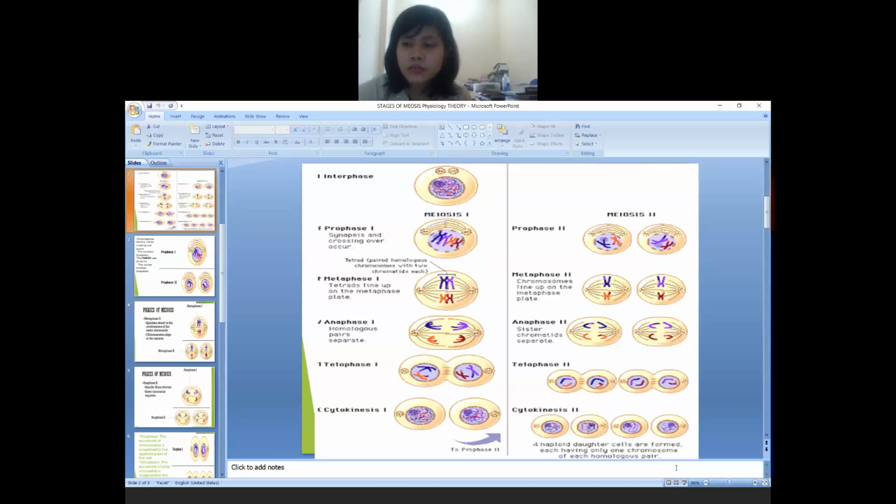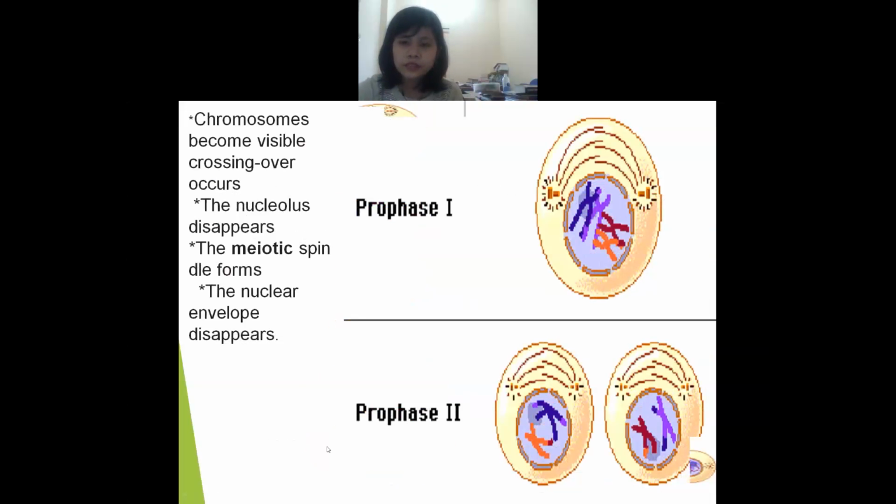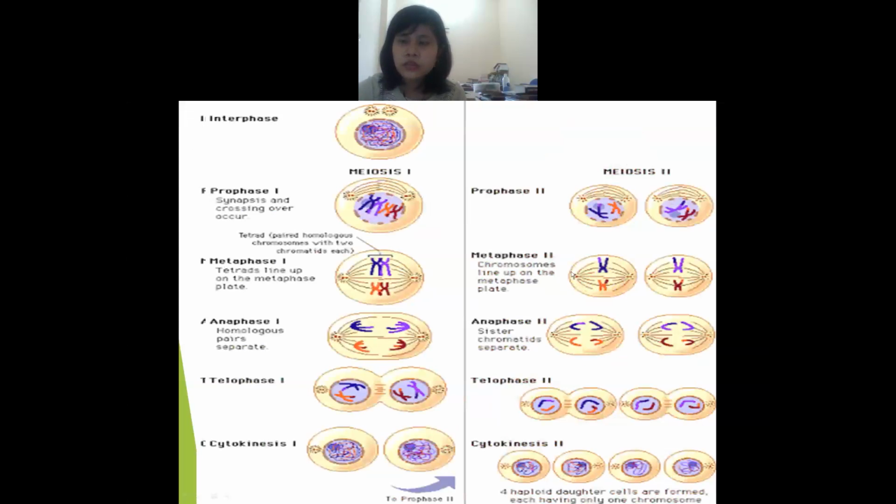After cytokinesis 1, it is divided into two cells. So after that, what will come? Meiosis 2. Same thing will occur, spindle fibers will occur.